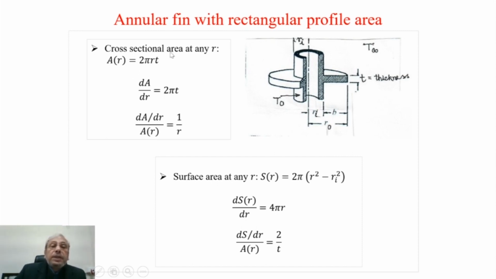Now the cross-sectional area at any radius is given by 2 pi r t. Therefore dA/dr is 2 pi t, and (dA/dr)/A is given by 1/r.